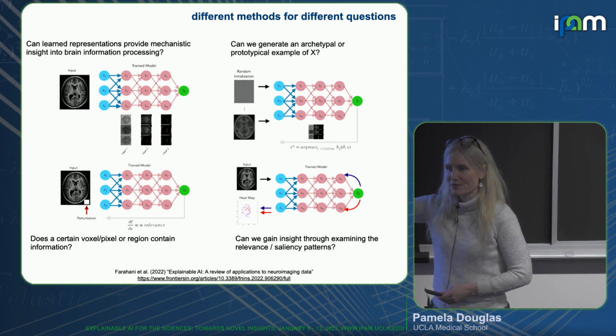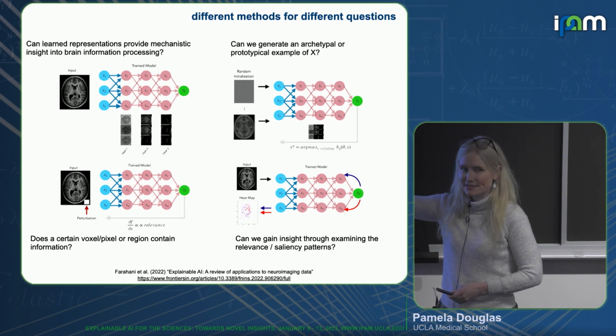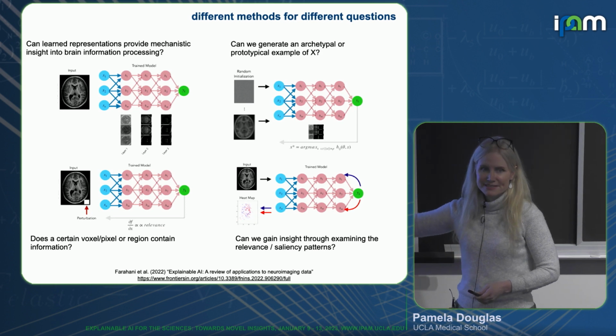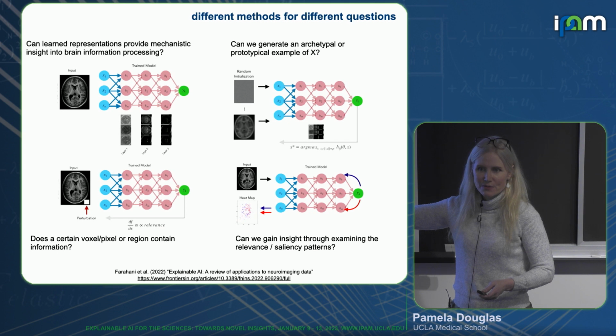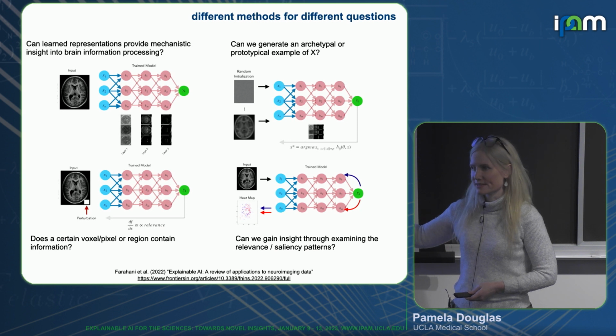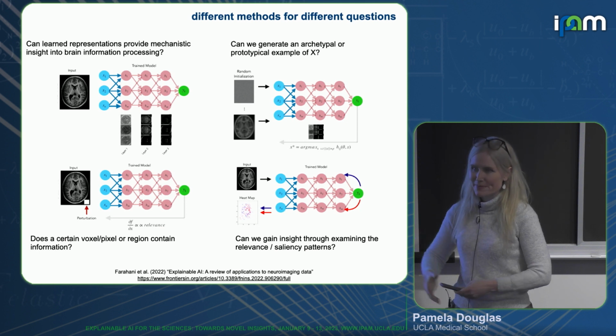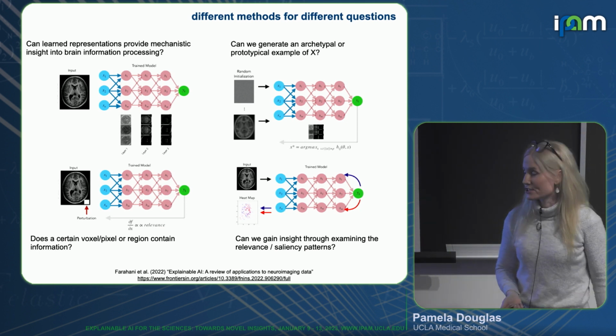So if you drop out a part of the brain that in and of itself contains information, but it's redundant, you may actually see a boost in the output. And therefore, you may conclude incorrectly that that part of the brain or those pixels did not contain information, because you drop them out and then you see a boost in the classification accuracy.